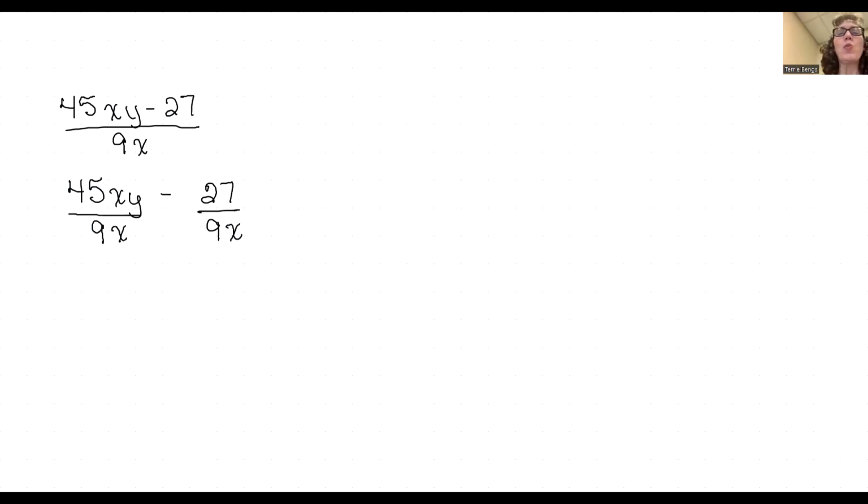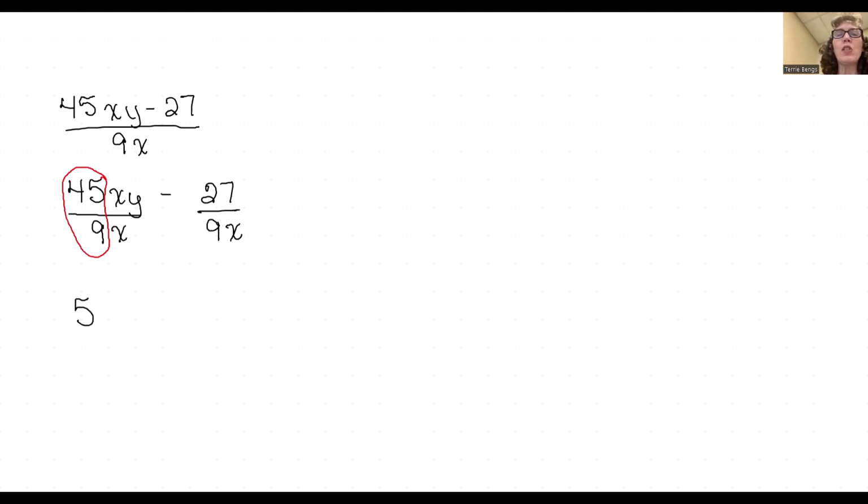So let's look at the one on the left first. We have 45 over 9. I'm just going to circle those numbers because that's what we're going to divide first. If we divide 45 divided by 9, we know that is going to give us 5. Now let's look at the letters next to it. Remember, we have to keep like terms together.